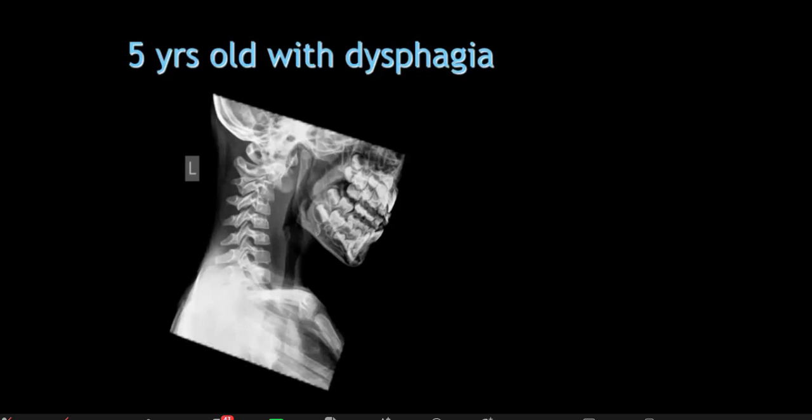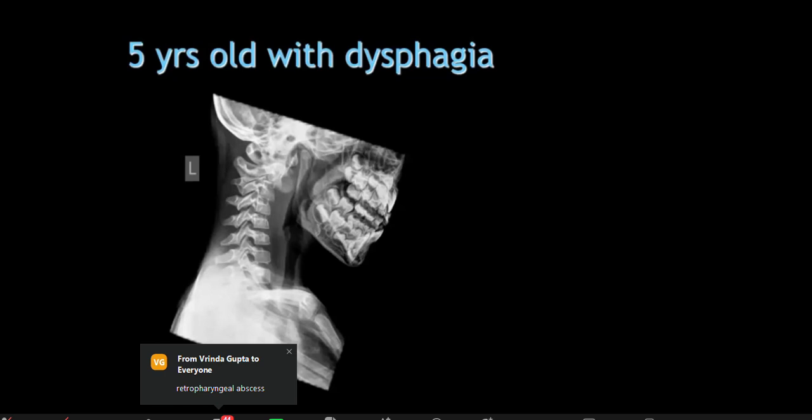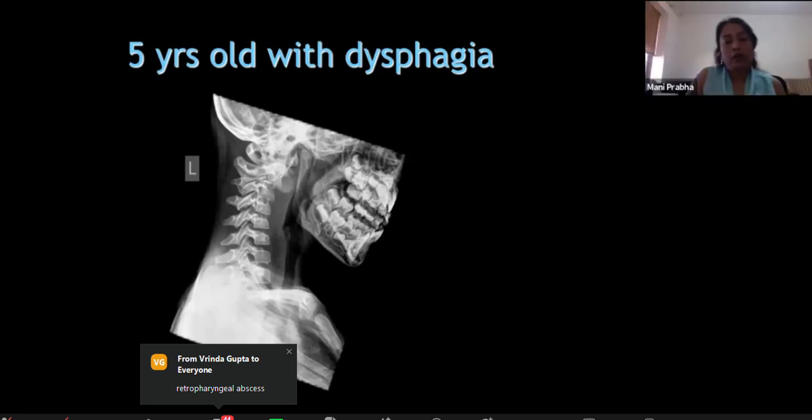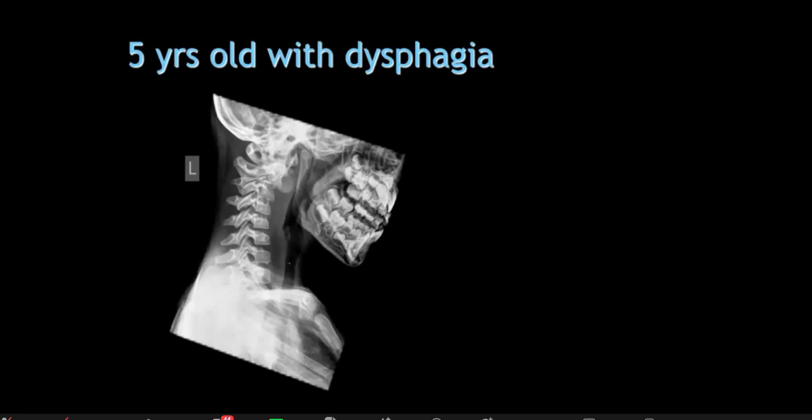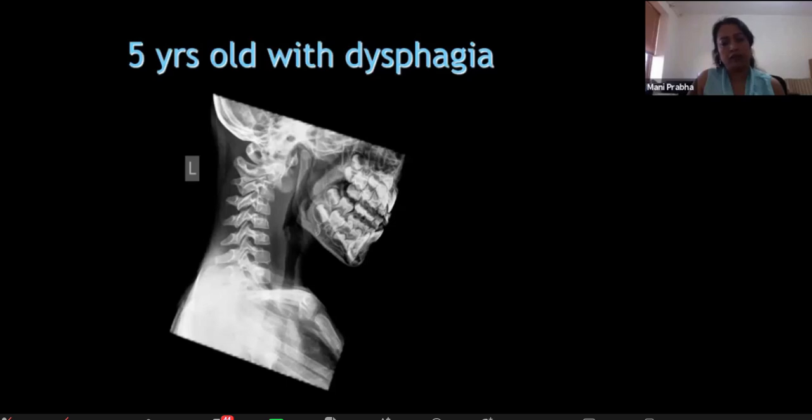A barium swallow could potentially help to see whether this mass lesion is extrinsic or is it intraluminal within the esophagus. Okay. What do you think about the thickness of this space? How much it should be and how much is it thickened?